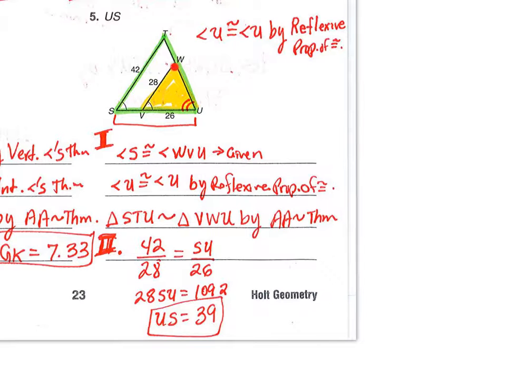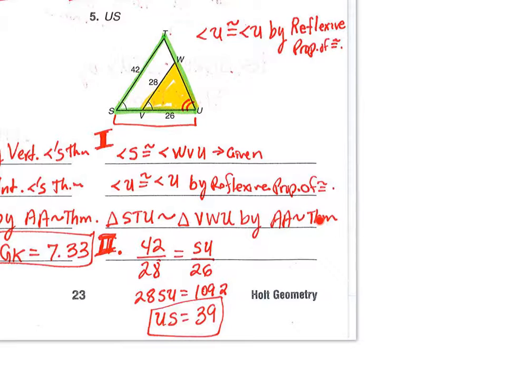Angle S is congruent to angle WVU, and that was given. The second set of angles, angle U is congruent to angle U by the reflexive property of congruence. Once I have those two angles, that is enough to say that the triangles are similar. So triangle STU, which is the green one, is similar to triangle VWU by the angle similarity theorem.